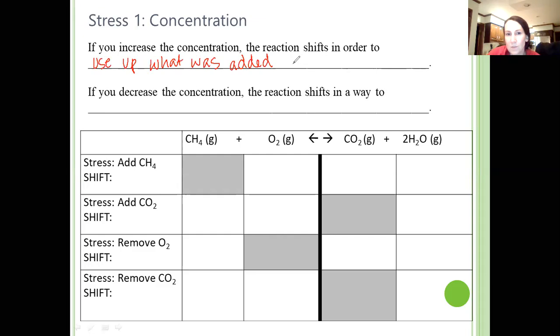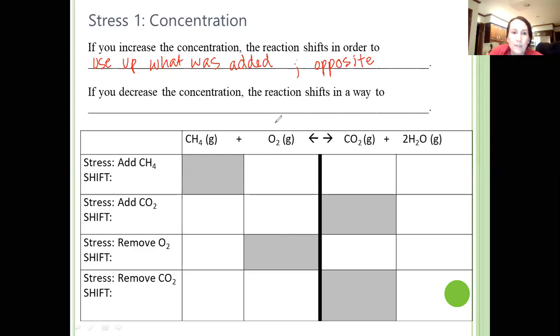Since it was added on the left, the way to use it up was making the reaction shift to the right. So to use up what was added, it always shifts away from the addition to the opposite side. So if I add something on the left side of the arrow, it shifts to the right. And if I add something on the right side of the arrow, it shifts to the left.